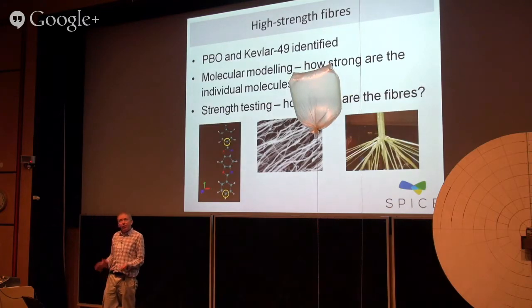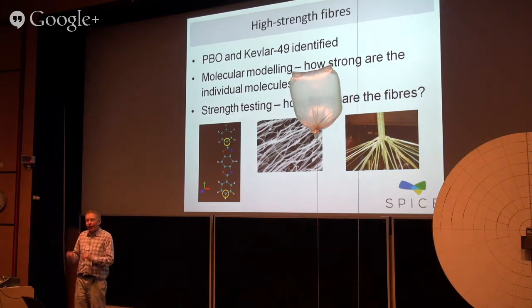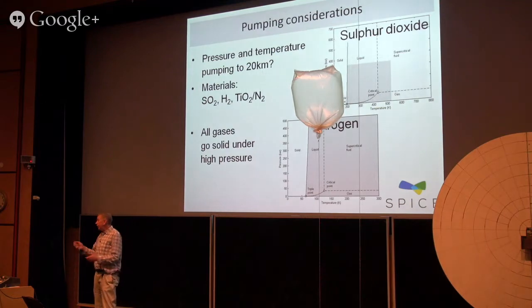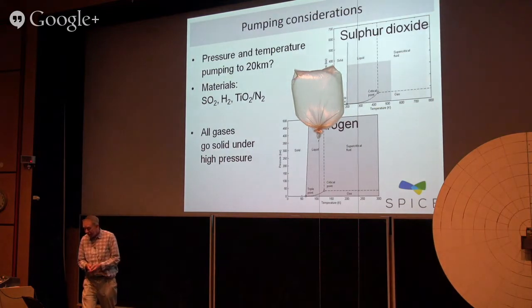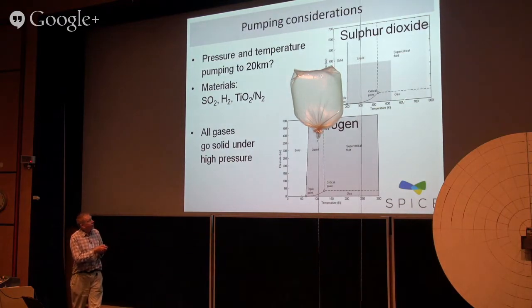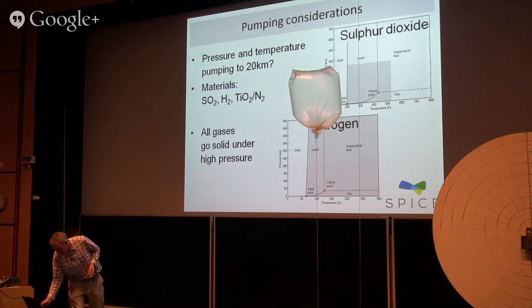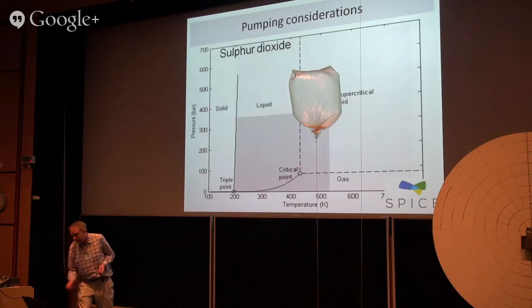Chris is going to talk about the tether itself and the issues of making something really strong. Kirsty looked at a lot of pumping considerations, and when you look at phase diagrams, temperature and pressure of things like sulfur dioxide and nitrogen, all gases go solid under sufficient pressure.